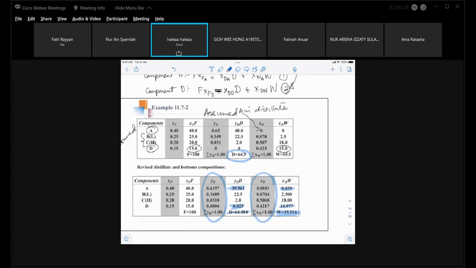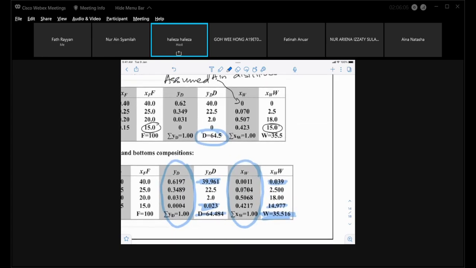So now you can see there's a small difference. Initially, when you assume, you got 35.5, this is your initial assumed value. All of D will be in the bottom product, but instead it comes to be 14.977, quite close to your assumed value. And that just changes your flow rate for the bottom product.